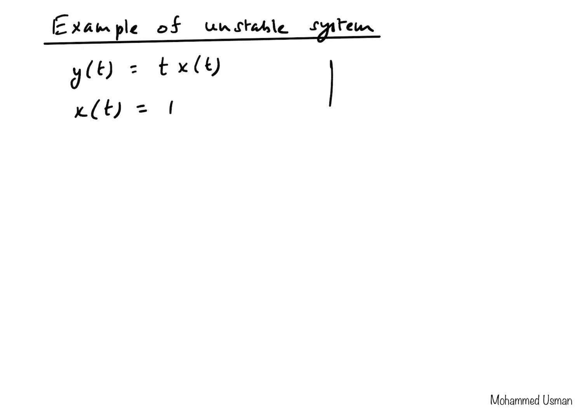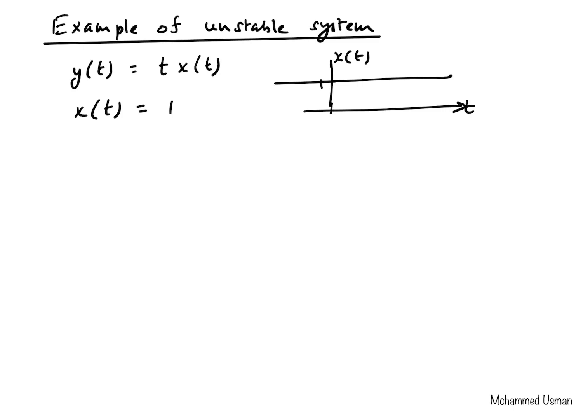That means for all values of time, x of t is 1. So the input is bounded. It is not growing out of bounds, and is limited to a value of 1 at all times.